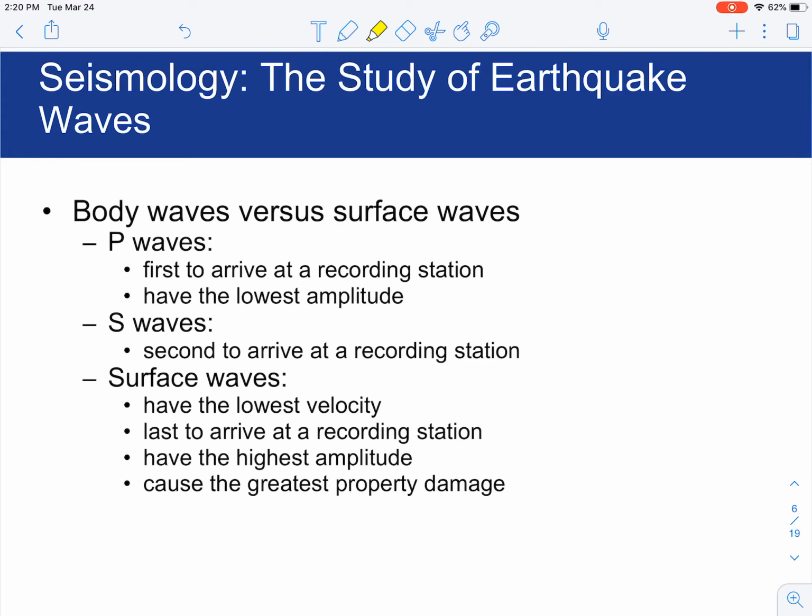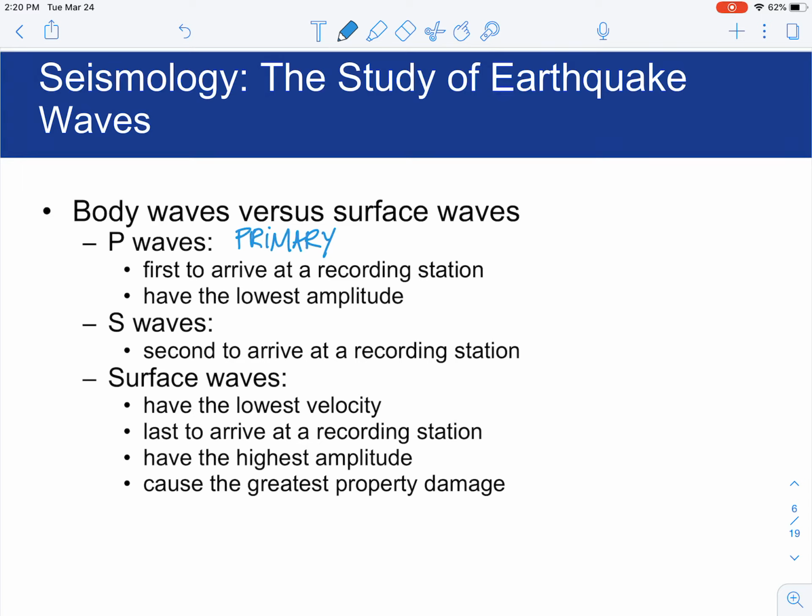The P waves, short for primary, for obvious reasons. Primary waves are the first set of waves, or the first beam of energy that radiates out from an earthquake epicenter. Because they travel faster, they will arrive at a recording station, which is the seismograph, first, right?